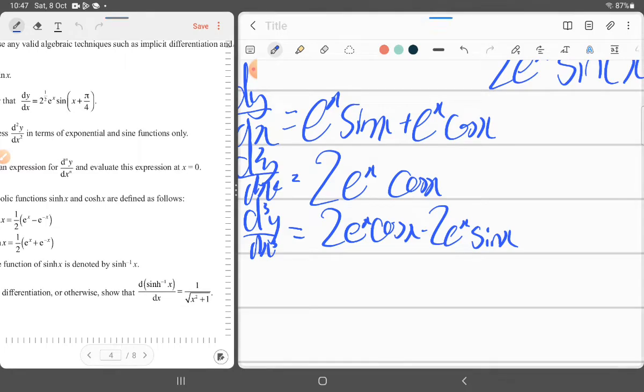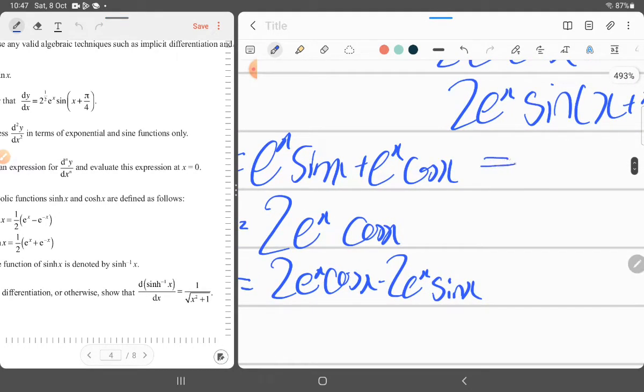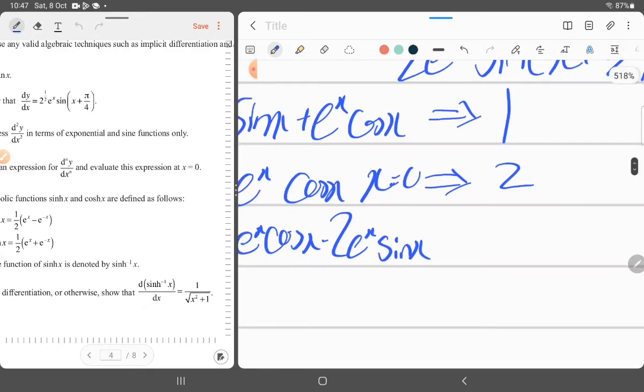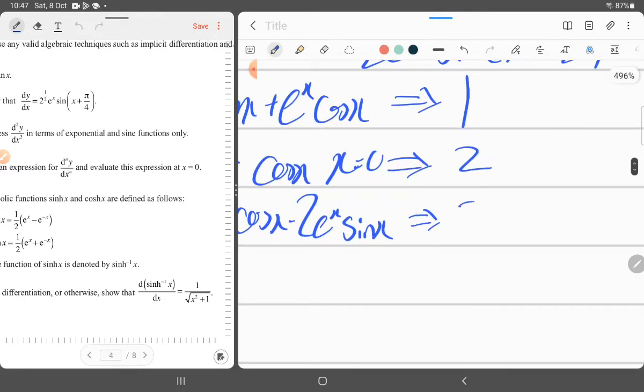Right. So this is e to x sine x. Right, so this is just 1. This is 2. This is 2.